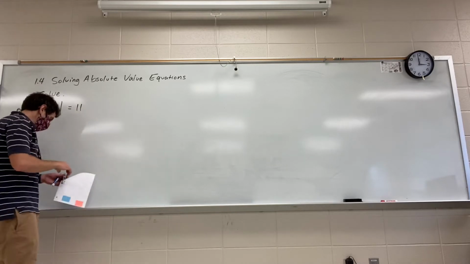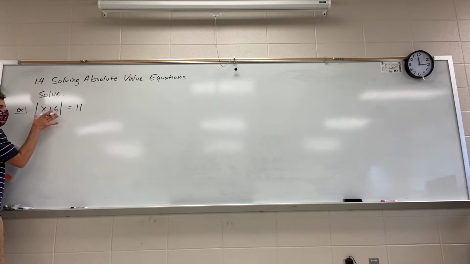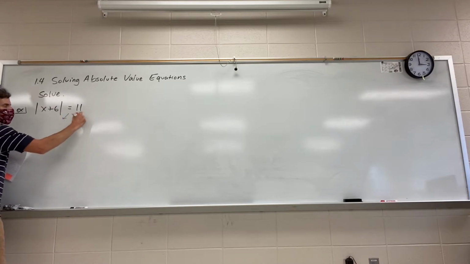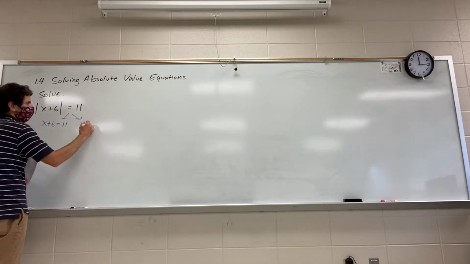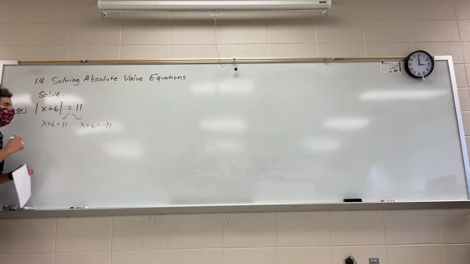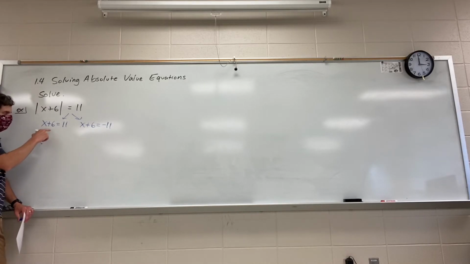So whenever you have an absolute value bracket by itself equal to a number, write two equations: x plus 6 equals 11, x plus 6 equals negative 11, and then that will in turn enable you to solve it and get your two possible solutions.